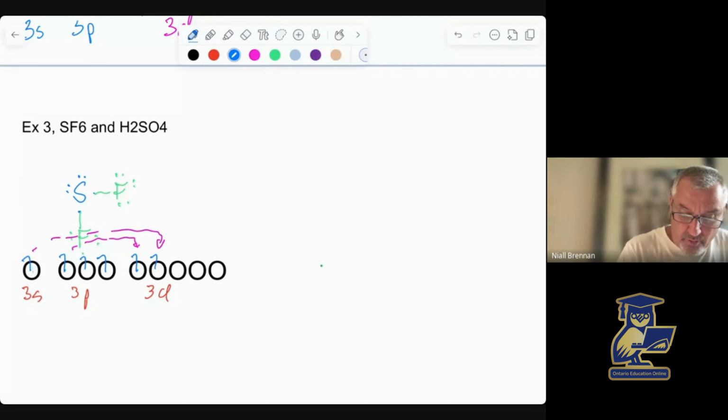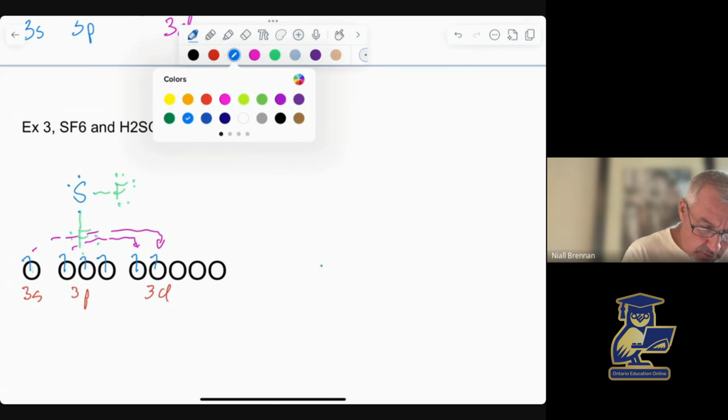Okay, so let's draw this diagram. So I'm going to just separate these guys. I'm going to put them into different orbitals here. And there we go. Let's put one here and one here.